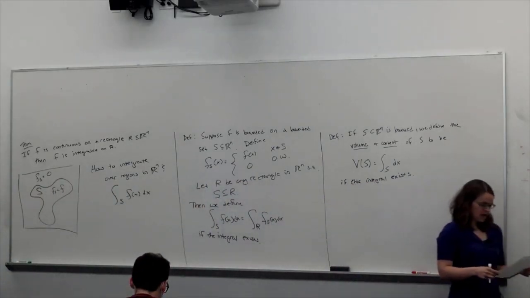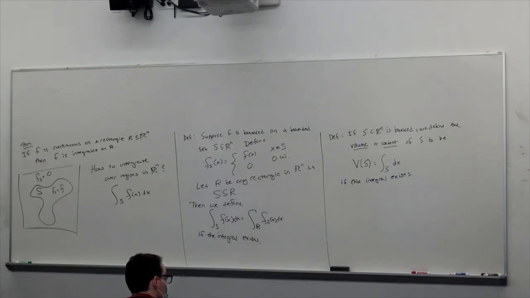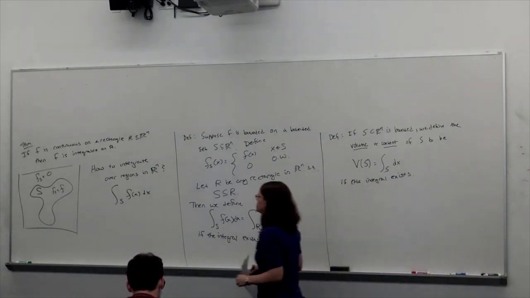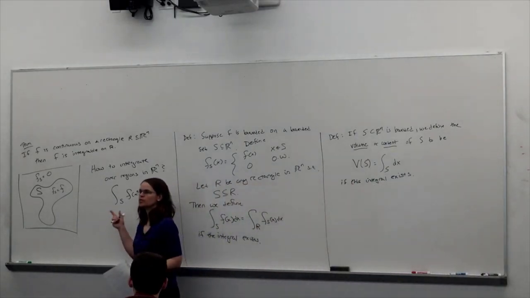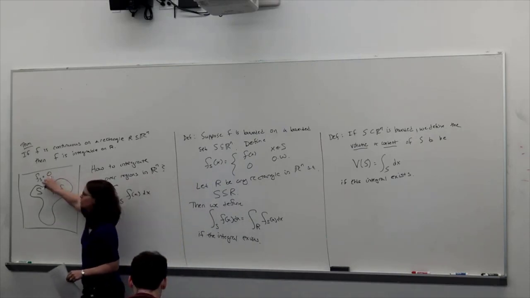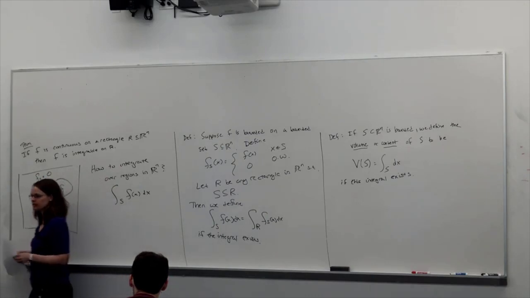Okay, so first, I want to clarify what I mean by the boundary doesn't take up any volume. So we're going to come up with this concept of a set of zero volume or zero content. And then we're going to hope that the sets we want to integrate over have boundaries that are in this category.